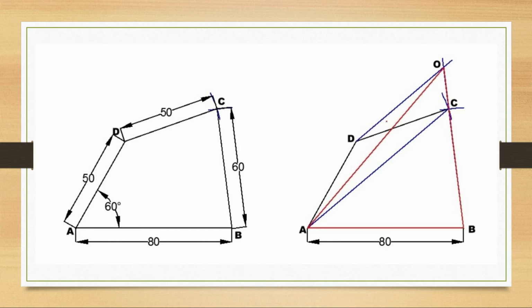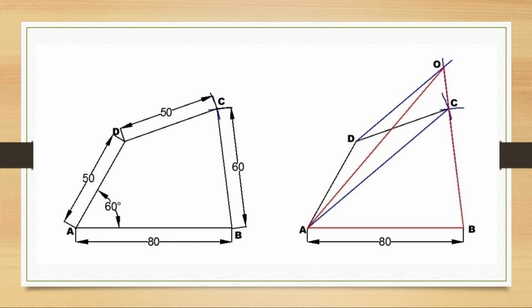The blue lines are the guidelines. Guidelines, you should draw faint, and usually they draw this quadrilateral and this triangle overlapping, so you don't have to draw it separately.